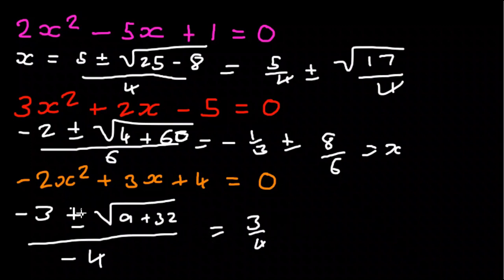And then we could flip this over and say minus and then plus, but it doesn't matter. We've still got plus or minus the square root of 41 over 4. We can omit the negative 4, because if we take the negative out, we're adding and subtracting anyway, so those two solutions just swap over, but we've still got the same solutions there.